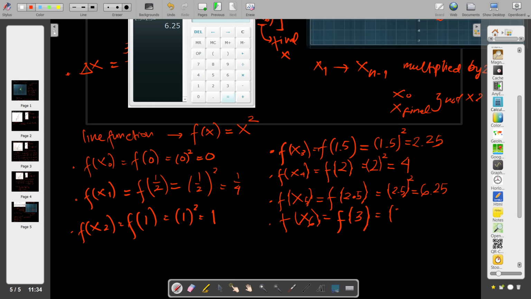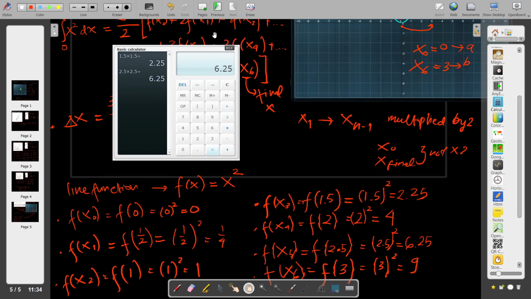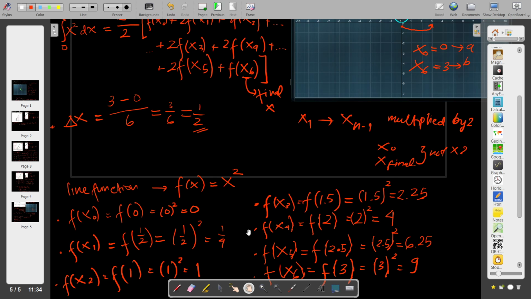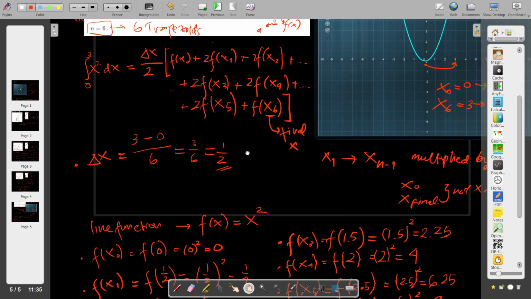So 3 to the power of 2, and we get 9. So we already get all of our f(x) values.